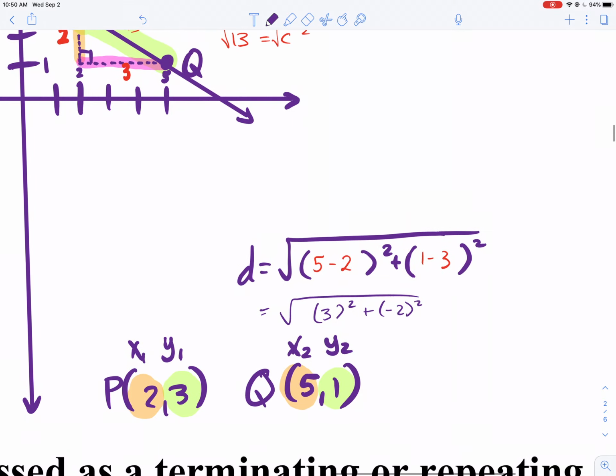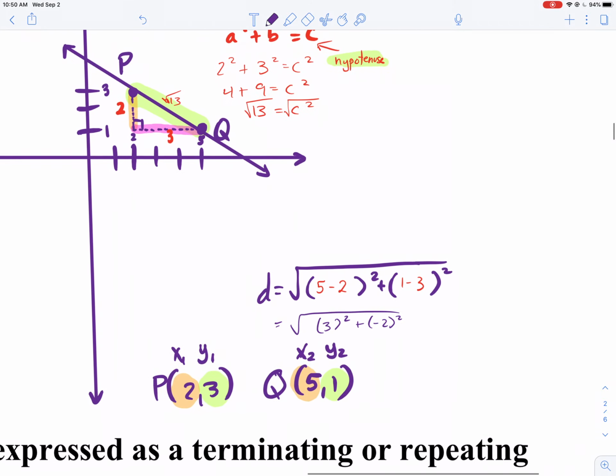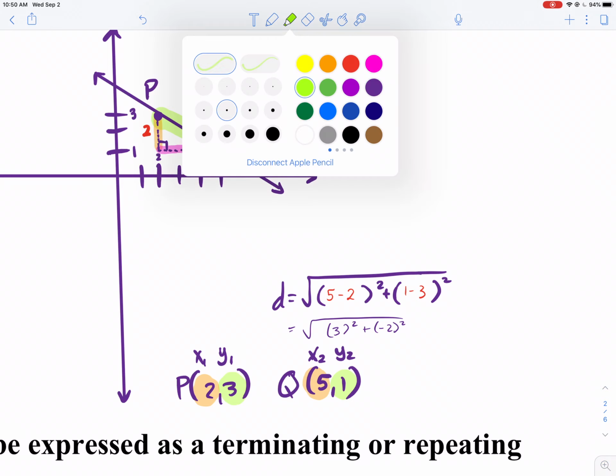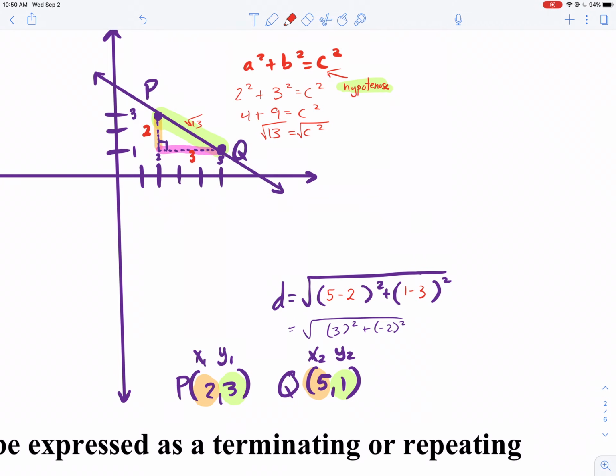It's going to be squared. If you see here, get a highlighter to help you. 2 squared, 3 squared, 3 squared, negative 2 squared, but negative 2 squared and 2 squared are going to give us the same thing. And we end up with the same calculation. Square root of 13. So either way works.